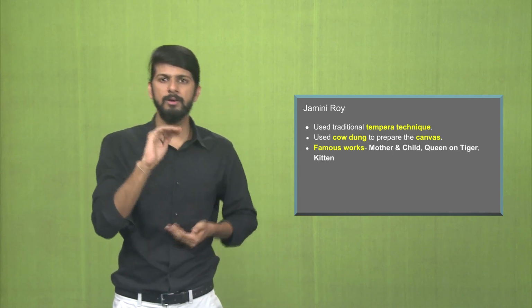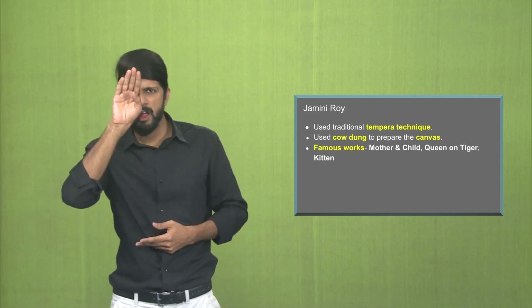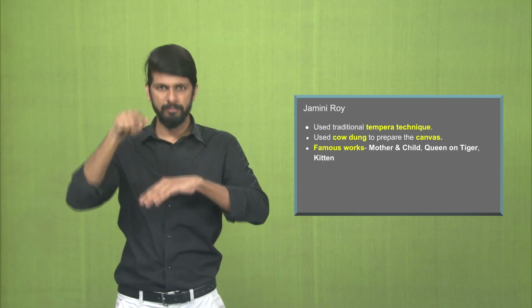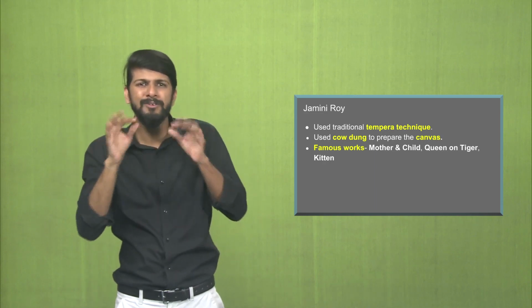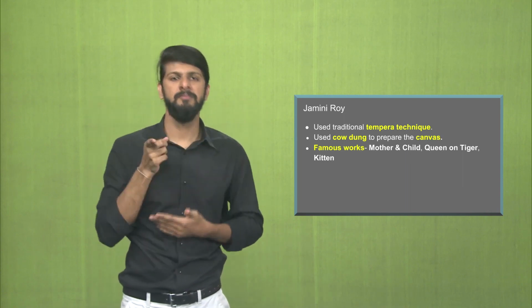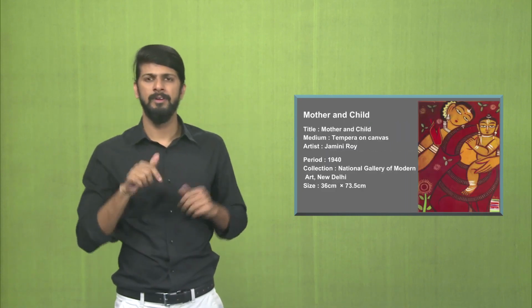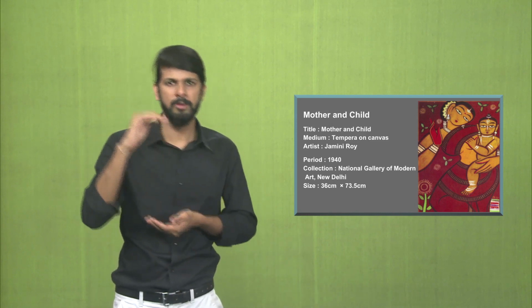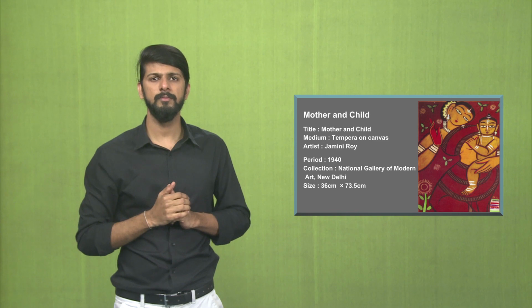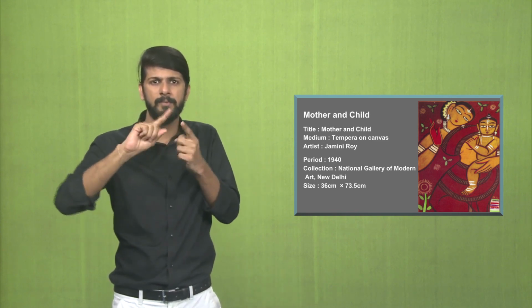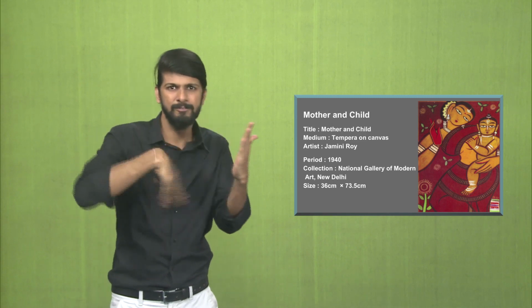And his famous artworks are Mother and Child, Queen on Tiger, and Kitten. These are the famous three artworks of Jamini Roy. Now the actual painting: the title is Mother and Child. The medium is tempera on canvas.